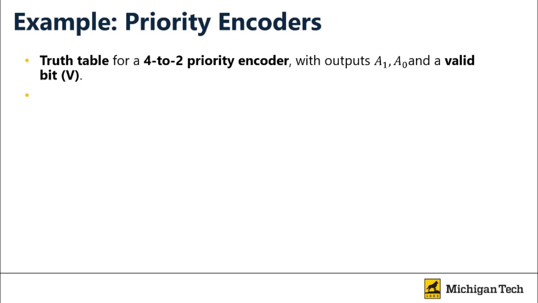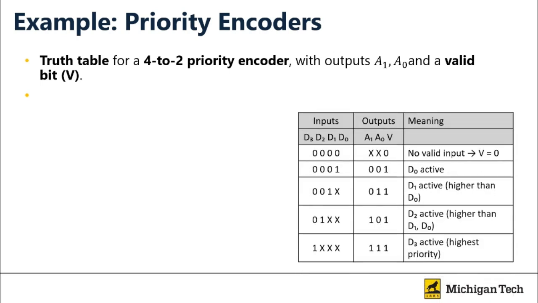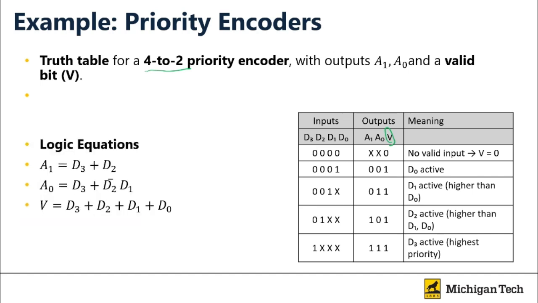Okay, another example, 4 to 2 and V, because we already had 4 to 2, but here there is V. The rest are the same. I'm just going to compute V. As you can see, we have 4 ones here. For the first one, it is going to be D3 bar, D2 bar, D1 bar, D0.